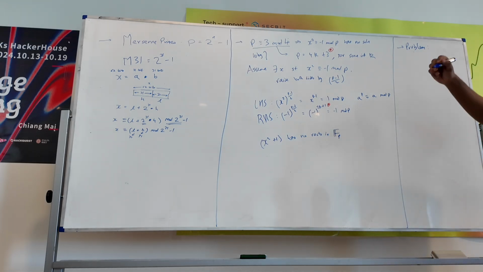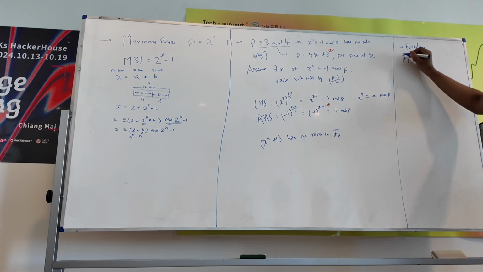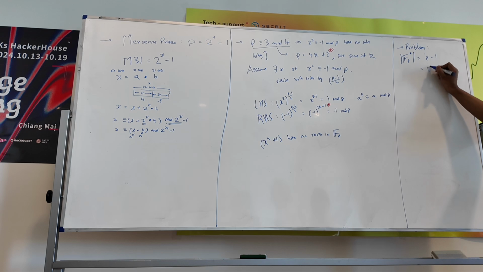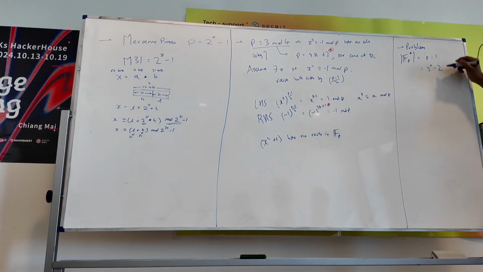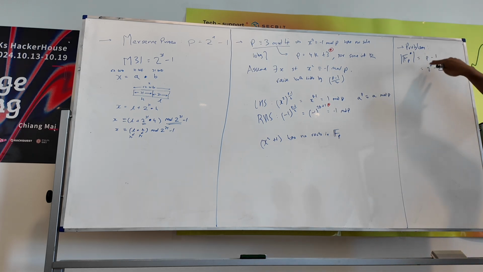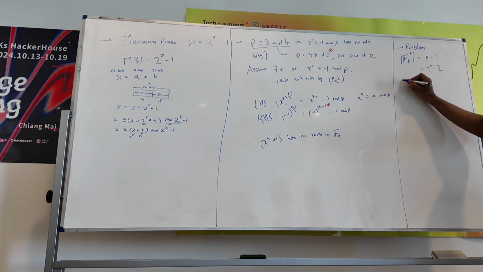So the order of the multiplicative group will be p minus 1, which is 2 raised to n minus 2, and this does not have a subgroup which is a large power of 2, and we need that subgroup.